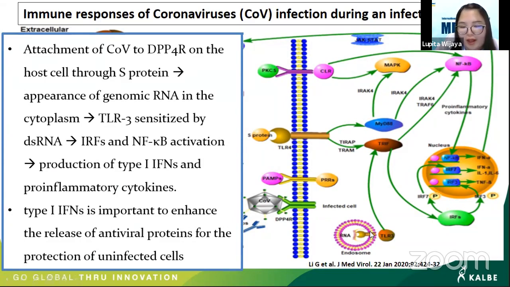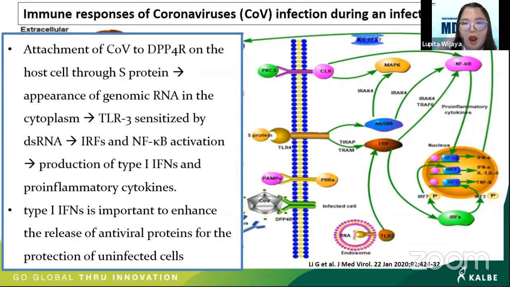So our body will stimulate or activate TLR3 to stimulate IRF and NFKB to produce type 1 interferons. These type 1 interferons are important to enhance the release of antiviral proteins to protect our body from the continuous infection of this virus.